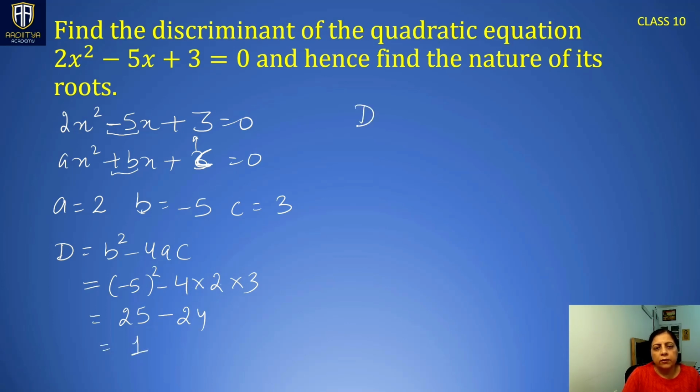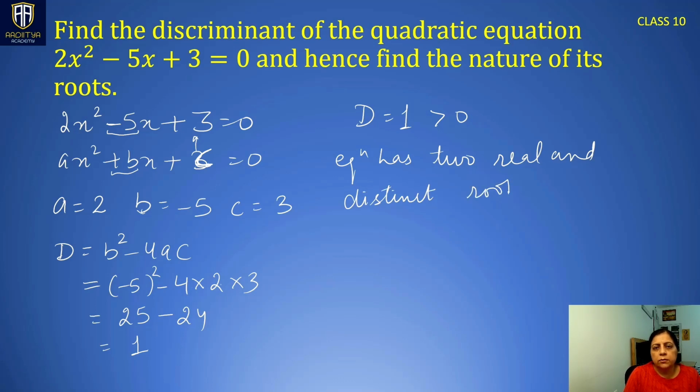Since the value of d is equal to 1, which is greater than 0, that means the equation has two real and distinct roots. Distinct means two different values of the roots. I hope this is clear. This topic is very easy regarding solving quadratic equations.